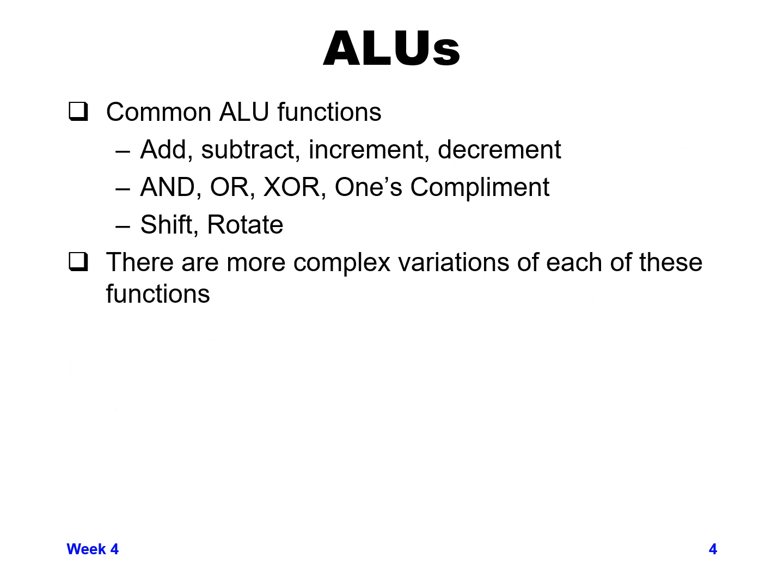Some of the common functions that an ALU performs can be doing an add, a subtract, incrementing and decrementing are all kind of in the same category. Then there's also what we call bitwise functions. So like AND or OR or a ones complement could be you take the bits of A and B, and for each bit, like the 0th bit, you AND A and B together, or OR A and B together, and you do that on a bit by bit basis all the way through the total number of bits you have.